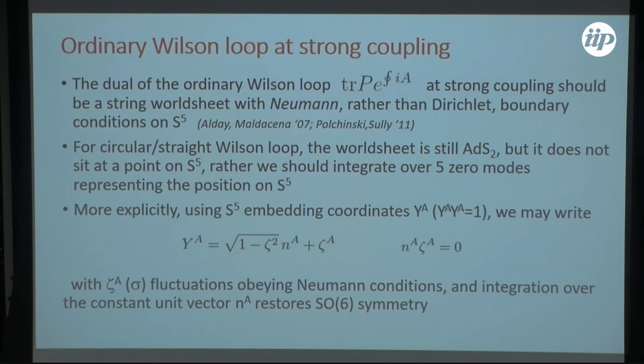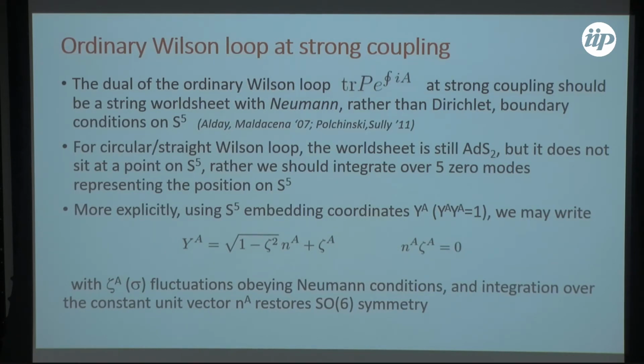So let me just explain a little bit what is the dual of the ordinary Wilson loop at strong coupling. Again, I'm citing Aldheim, Lessin, Polchinski, and Sully many times. They proposed this a while ago: to describe the ordinary Wilson loop, you find the minimal surface ending on the contour, but choose, instead of Dirichlet, Neumann boundary condition on S5.